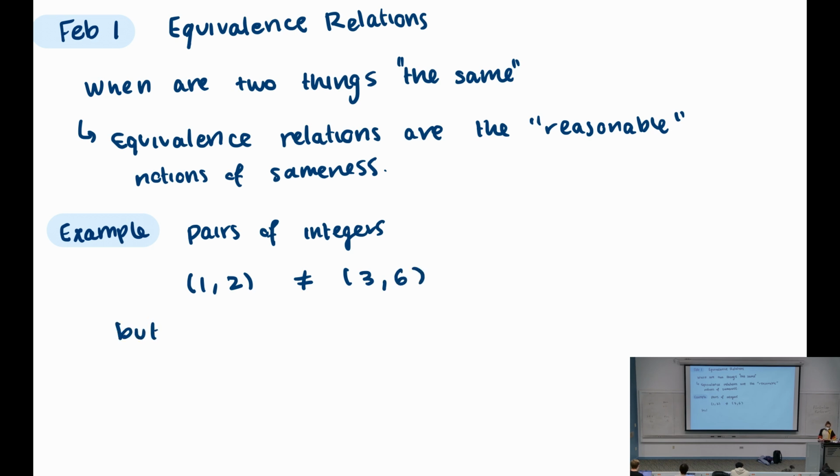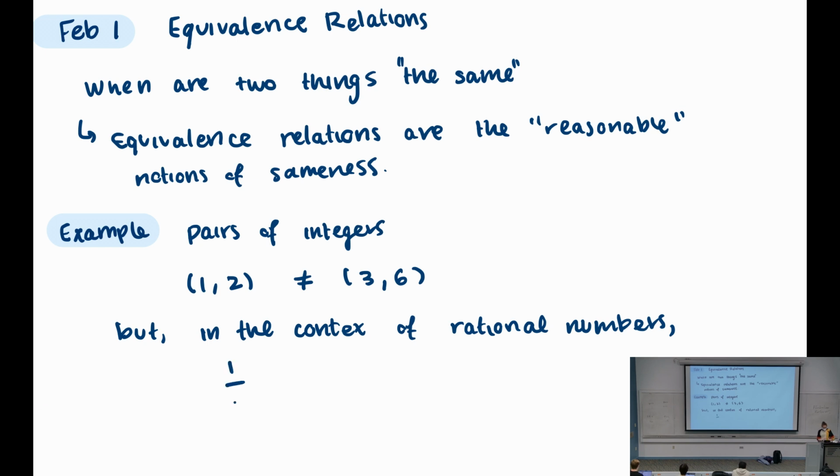But if you're in the context of rational numbers, so I mean, what is a rational number at its core? It's a pair of numbers. We have that the pair 1, 2 is equal to the pair 3, 6.